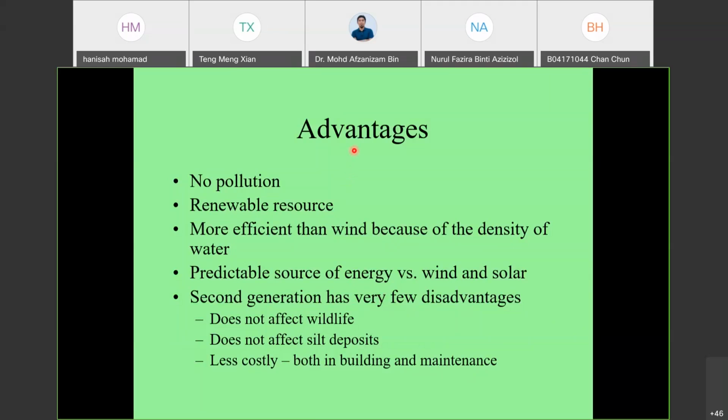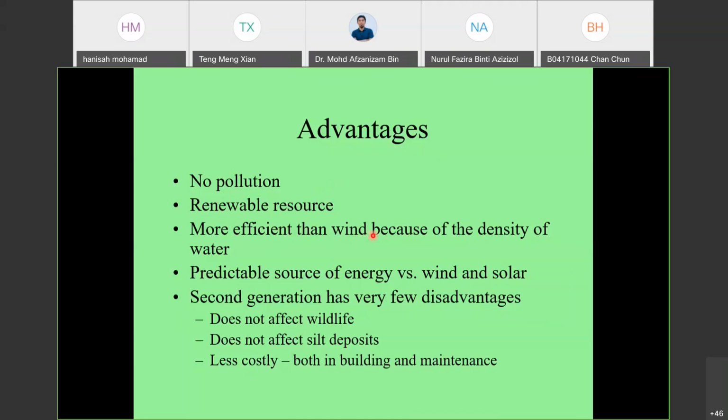Advantages, if you are looking at this part: no pollution, in that we are producing all the energy by itself. No harmful gases. No noise, because the wave itself also contains noise as it runs regularly. Since we have the source of water, I mean the tidal condition, we have continuous or consistent renewable energy resources.